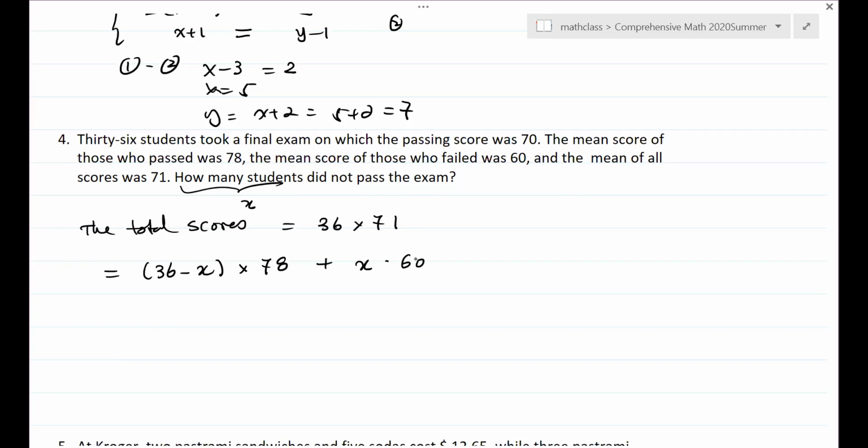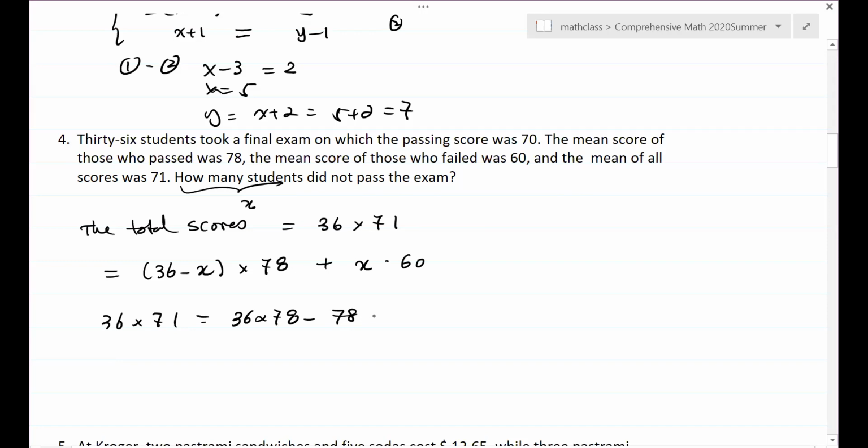So here you calculate the total score as the mean times the number of students. Anyway, you get this equation, then you solve it.